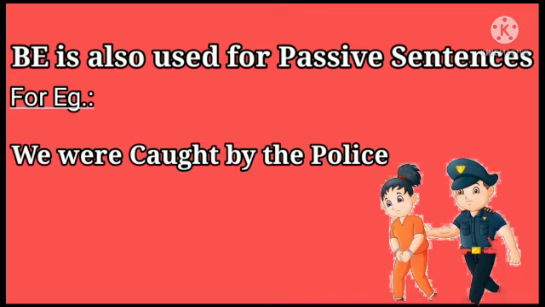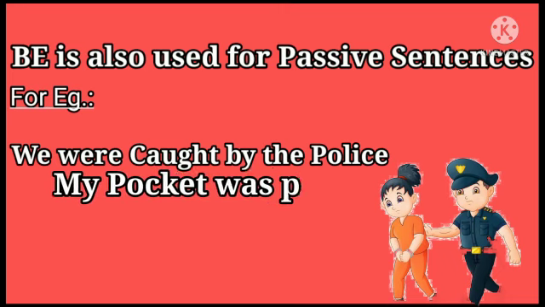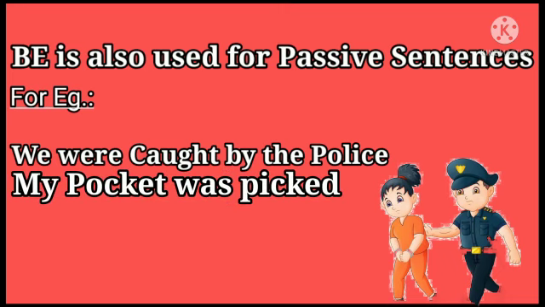Your teacher might have taught you S plus V plus O pattern and O plus V plus S pattern of sentences. So here it is, we were caught by the police. Next, my pocket was picked. These are the examples of be function.